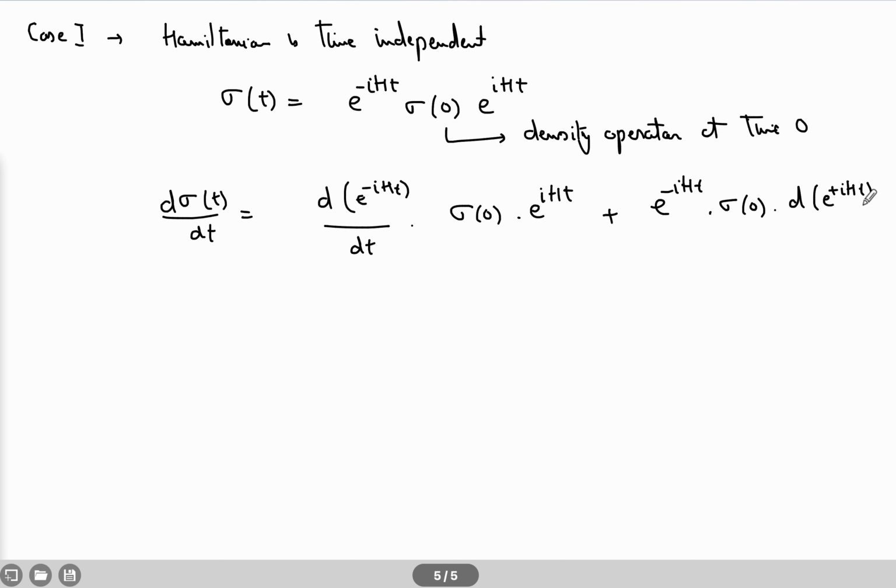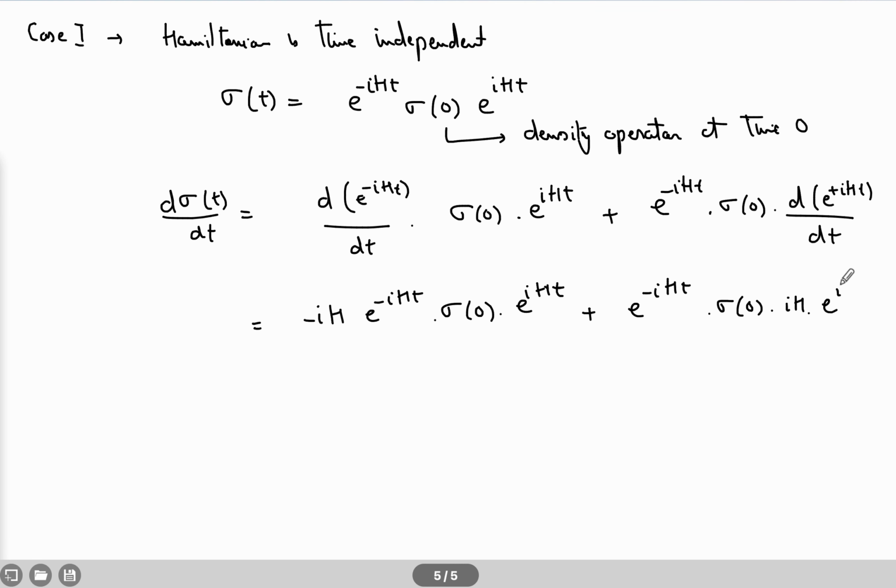taking differentiation one term at a time. Now this will be equal to minus iH e to the power minus iHt sigma(0) e to the power iHt, plus e to the power minus iHt sigma(0), iH will come out, e to the power iHt, right?